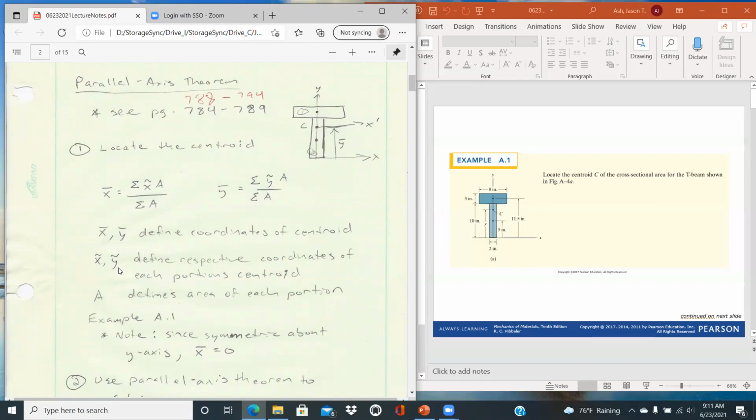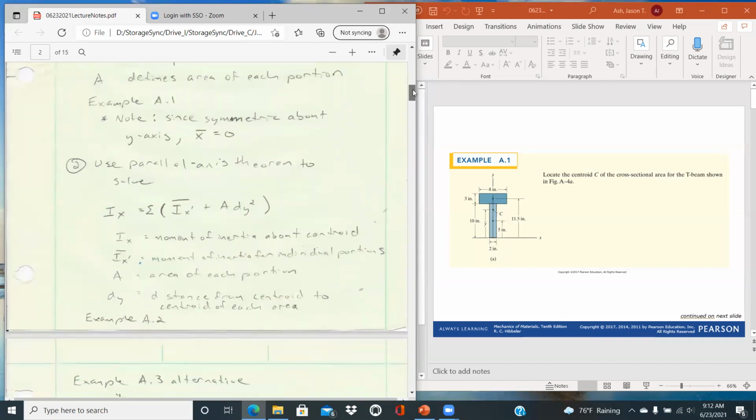The x tilde, y tilde define the respective coordinates of each portion of the centroid, and A defines the area of each portion. And so again, example A1 is nice because it kind of lays this out for you. And I just mentioned that since it's symmetric about the y-axis, x bar is equal to 0.